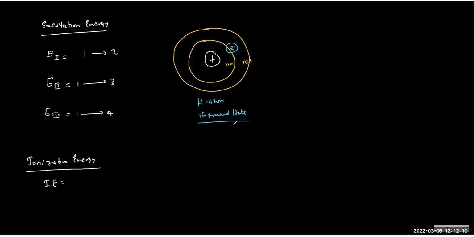So we have to ionize it. What is the ionization energy? It is 13.6 eV. And if you look carefully, this is nothing but the mod of the energy of the first orbit. Do you realize this? Yes, sir.